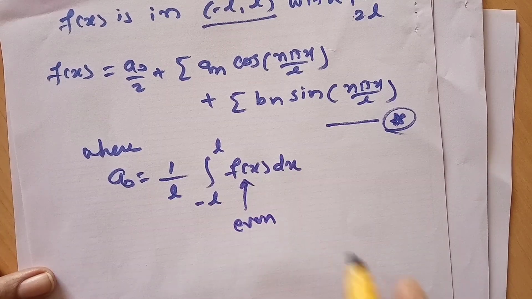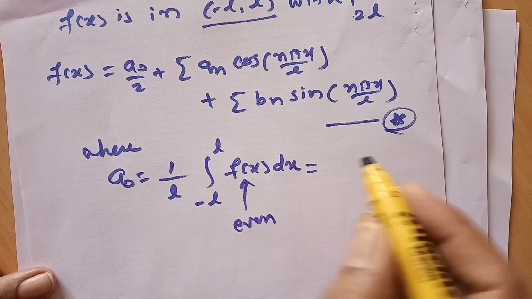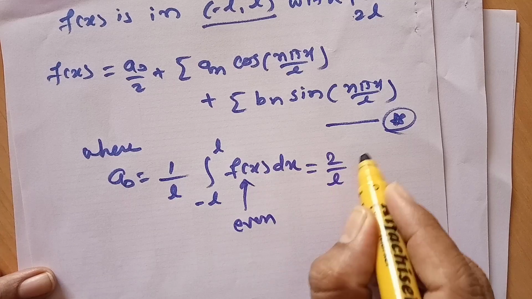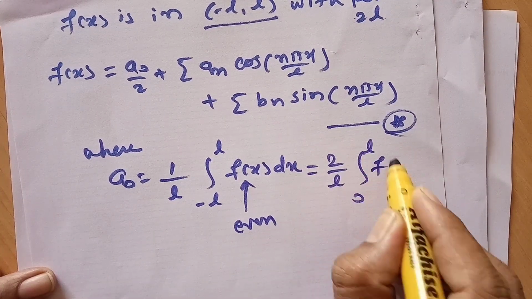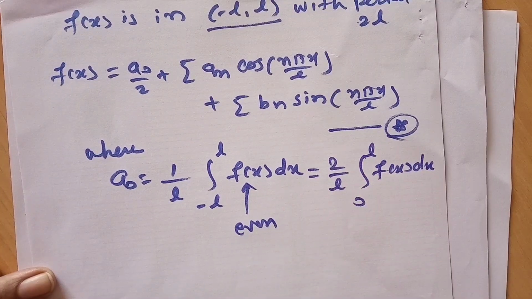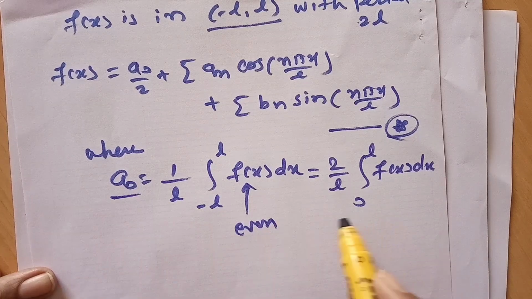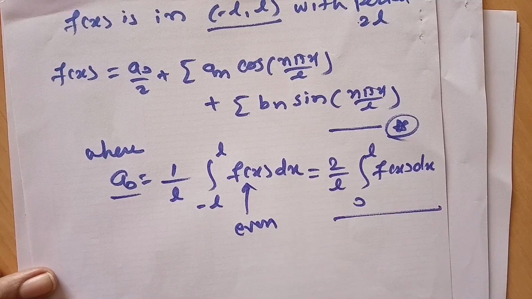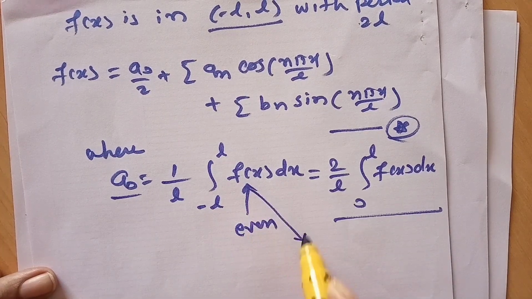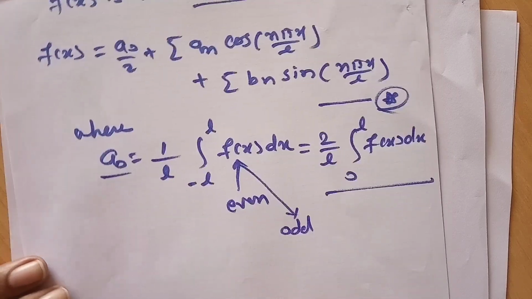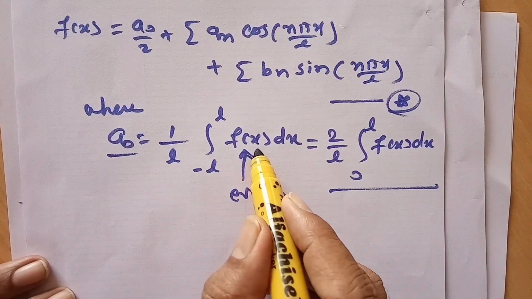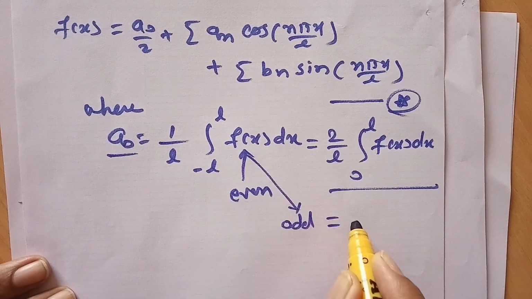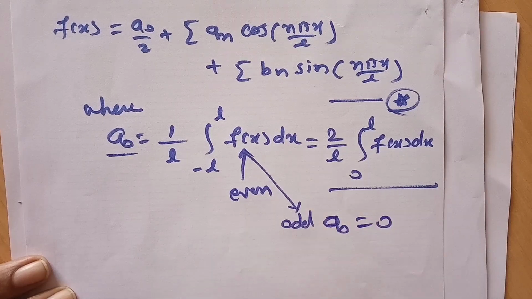If this is even, then we can write this formula as 2 divided by l integration 0 to l f of x into dx. Means I can modify this a0 directly in this way, 2 divided by l integration 0 to l f of x into dx. And suppose this is odd, if given function f of x is odd, then directly we are getting a0 equal to 0.